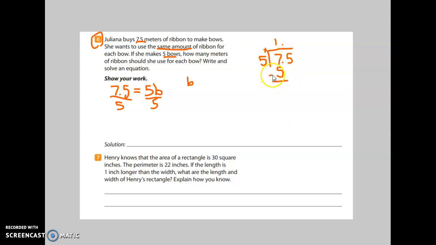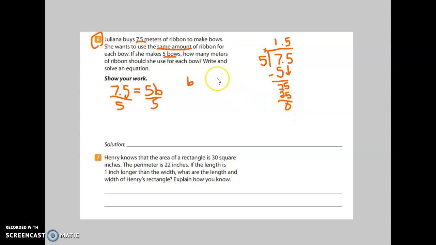Then I subtract. 7 minus 5 is 2. I cannot do anything with that 2 by itself, so I have to bring down this 5. And then, how many times does 5 go into 25? 5 times. 5 times 5 is 25, so there's nothing left over.